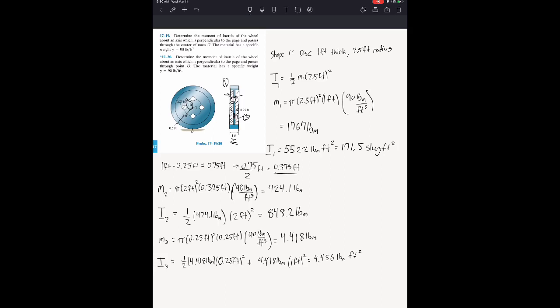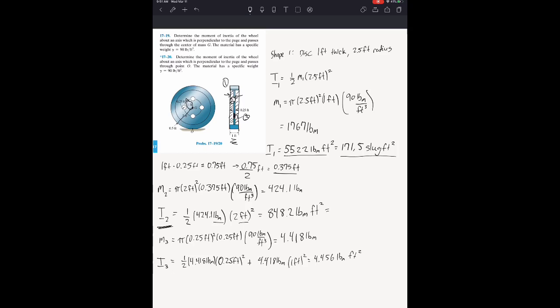As I was doing this calculation, I noticed a couple of not really big mistakes, but mistakes nonetheless, in my previous calculations. This is a moment of inertia calculation. As such, it's pounds mass feet squared, so I need to correct the unit there. Additionally, up here when I calculated the moment of inertia, I converted it to slugs, which I probably should do for the others as well, so I will do those conversions.